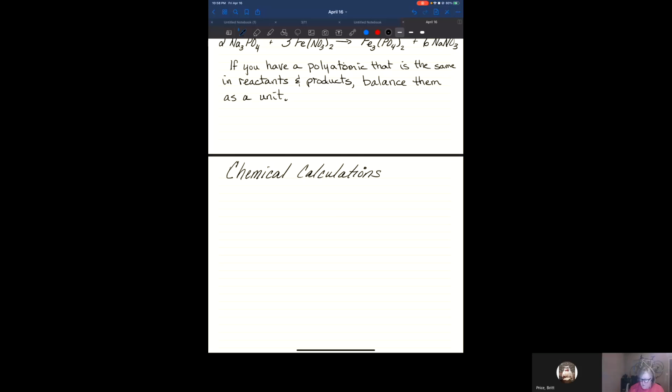When we look at these chemical calculations, we are looking for things such as how much product, or how much reactant.